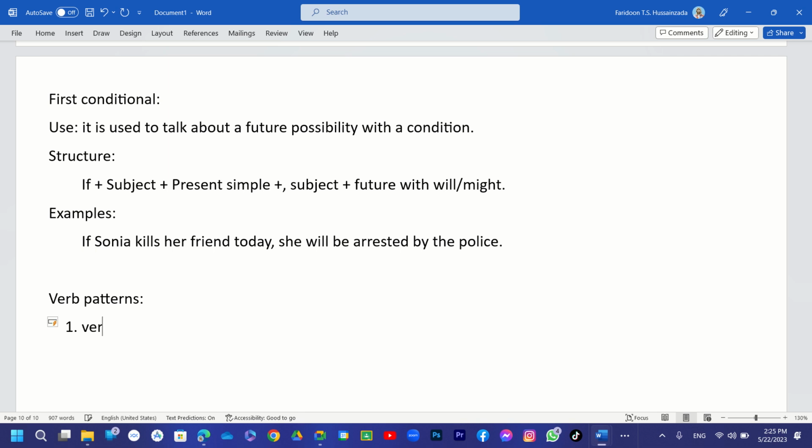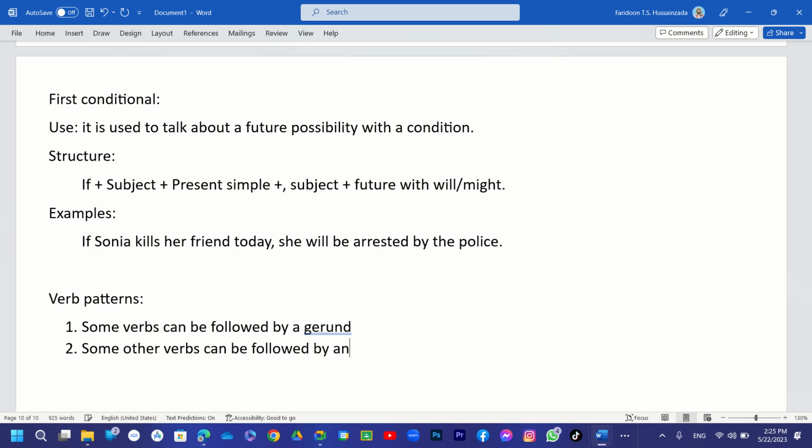One is that some verbs, again, let's write it, some verbs can be followed by a gerund, and some other verbs can be followed by an infinitive. Okay.